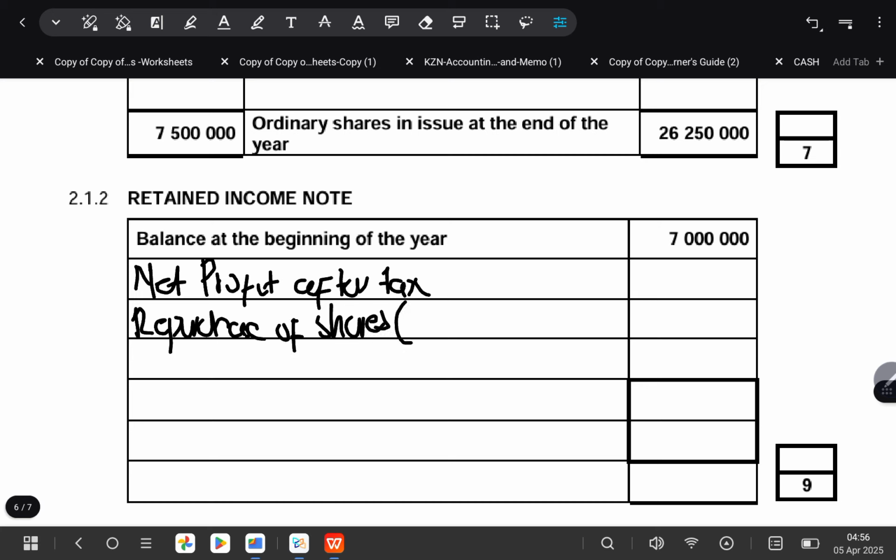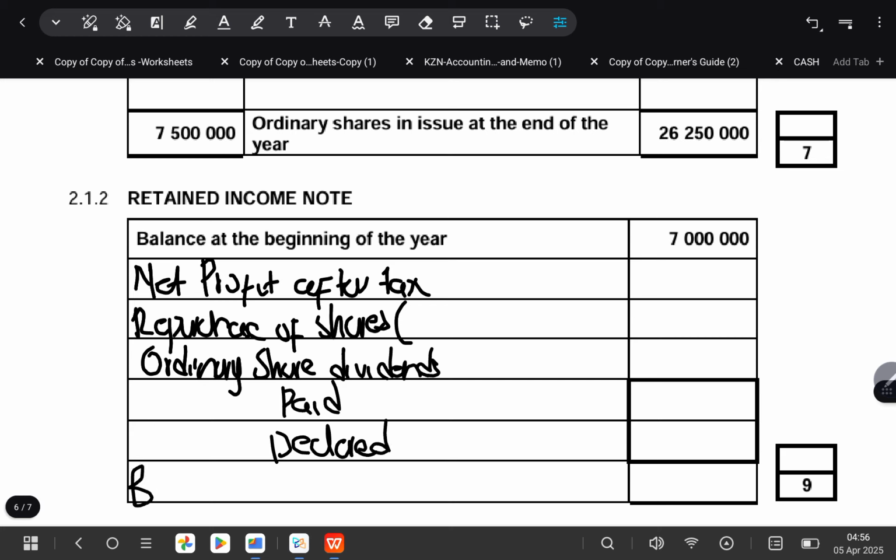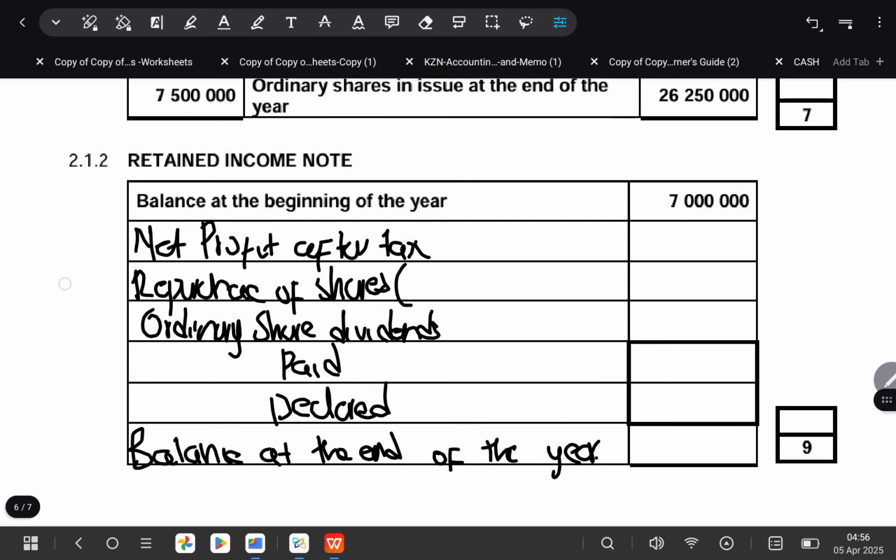And then we'll have ordinary share dividends, and then we would have our paid, and then our declared, and then we'll have our balance at the end of the year, right?